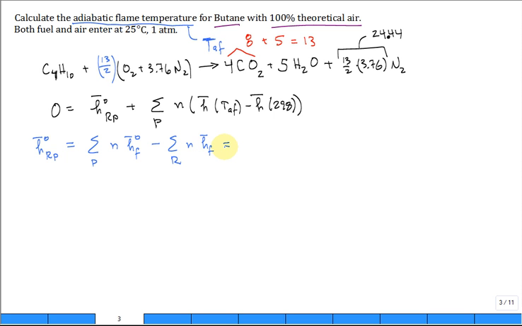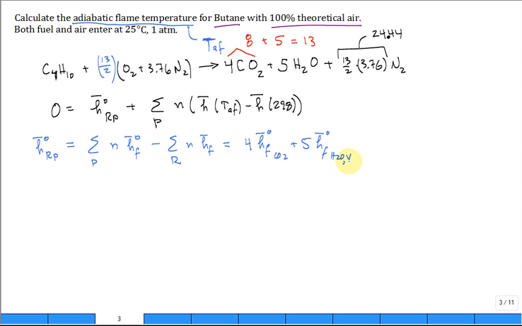In this case, let's go ahead and write this out for the products. So what we're going to have is 4 times the enthalpy of formation for the CO2, plus 5 times the enthalpy of formation of the H2O, and that's going to go out in the vapor state. This adiabatic flame temperature is very high. It's not going to go out in the liquid state.